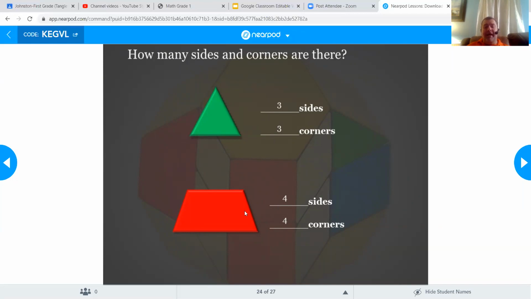Our second shape is the trapezoid, and it has how many sides? 1, 2, 3, 4 straight lines, and it has 1, 2, 3, 4 corners, and the corners are where two lines meet.